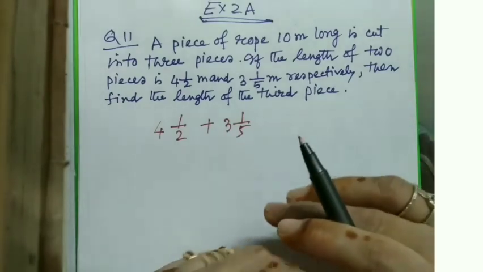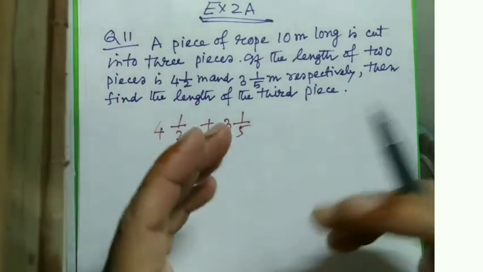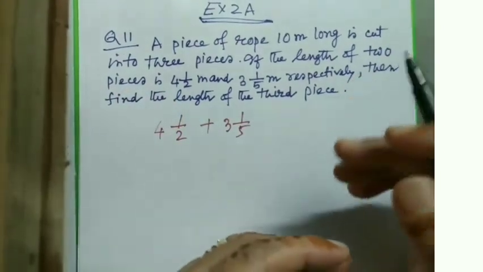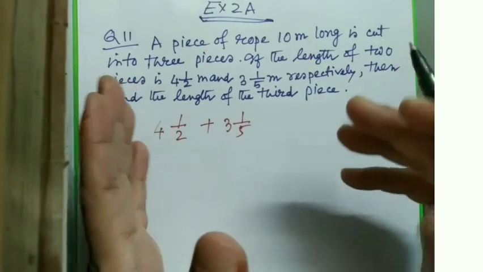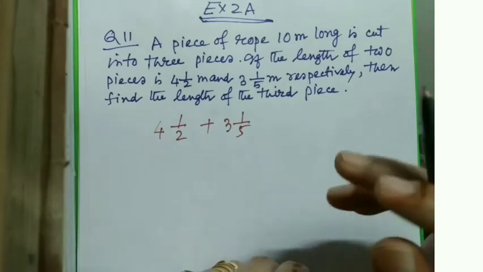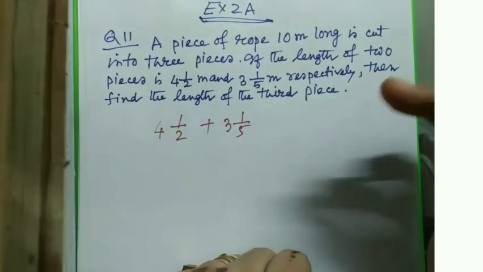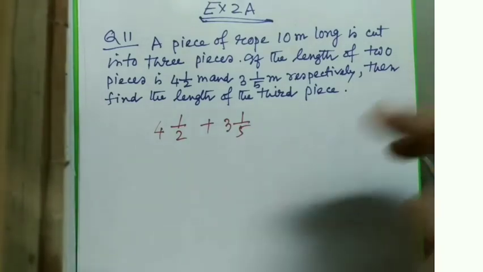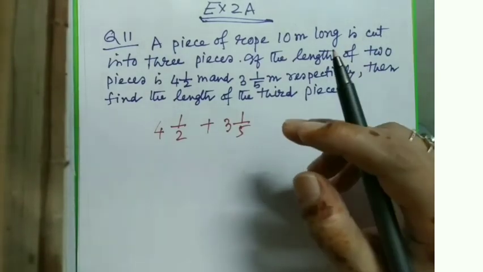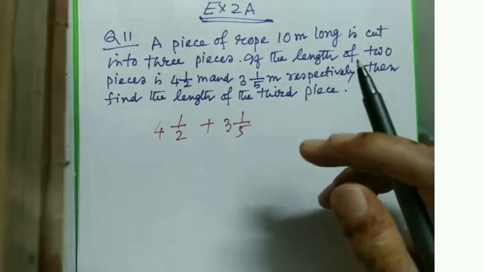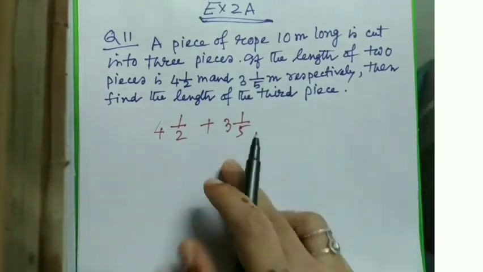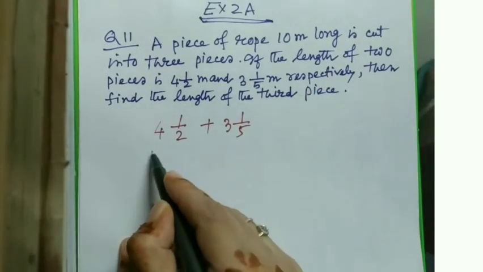Whenever a question is given in mixed fraction, our first task is to convert mixed to improper one, and similarly after getting the final answer of a question, our first task is to keep it in its simplest form if there is any common factor to divide other than 1, and the second task is to convert it into mixed fraction in case our answer is an improper fraction. Always remember this. Now I'm converting these fractions into improper fractions.